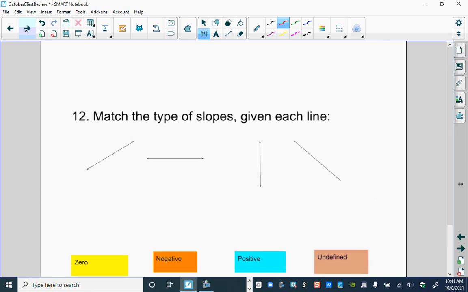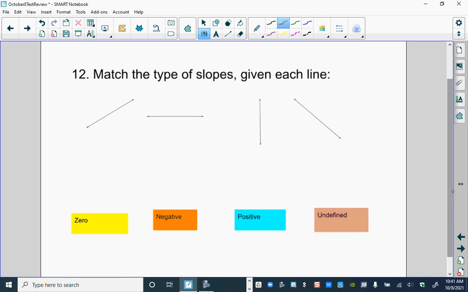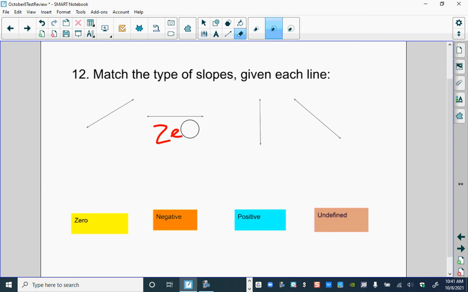We need to figure out, if you would do that on your paper, basically we could just do it quick, like, which one's what? First one is positive, second one is 0, third one is undefined, and fourth one is negative. Very good.